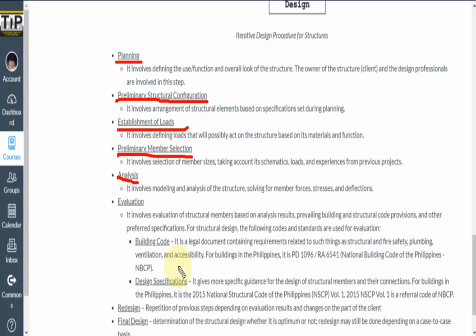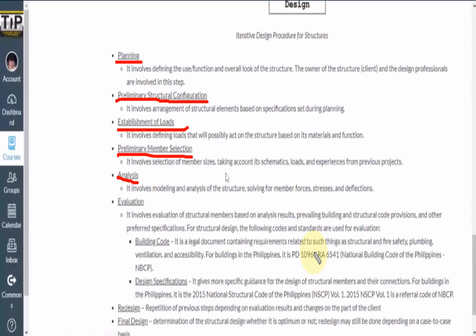That's why, if you observe in your structural theory class, you have the portal method, cantilever method, all those approximate methods. It is because during the old days, you did manual calculations.